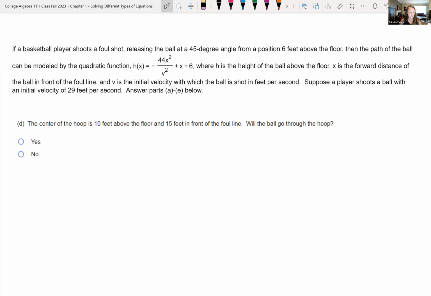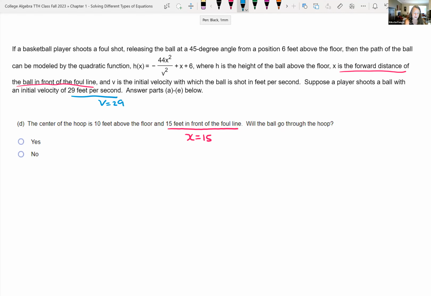So for the next part of the question, I just brought our question back down and the next piece. So it says the center of the hoop is 10 feet above the floor and 15 feet in front of the foul line. Will the ball go through the hoop? And so in this piece, we know that our X value, the value in front of the foul line, is equal to 15. We still are given that V is 29.